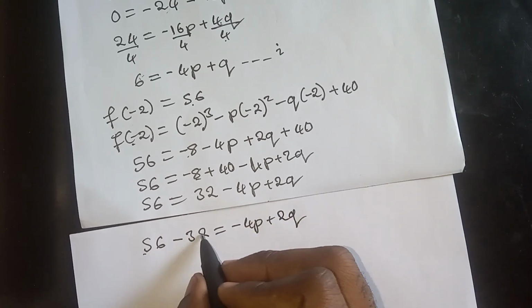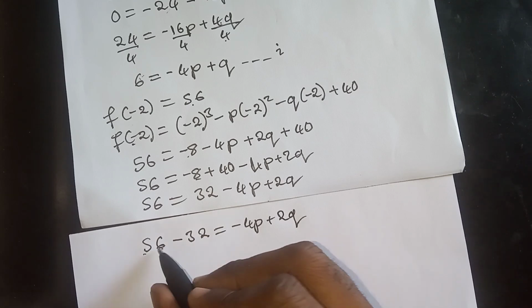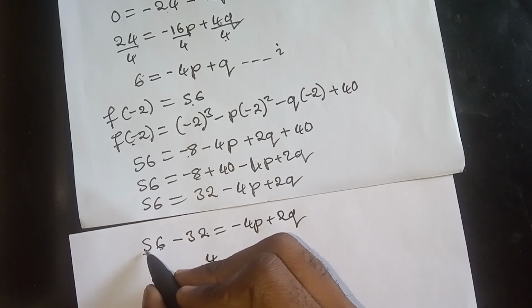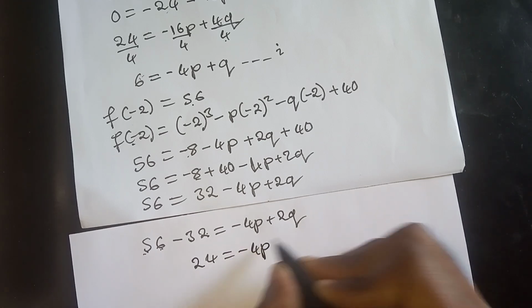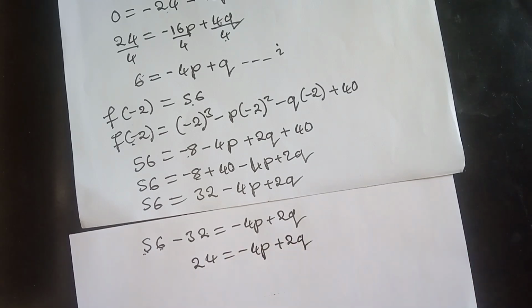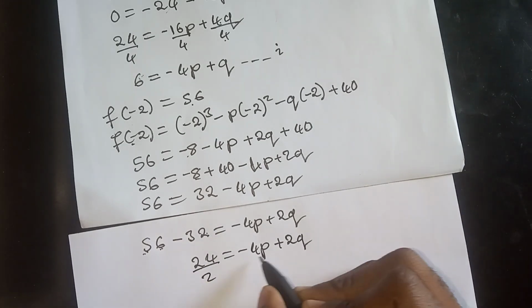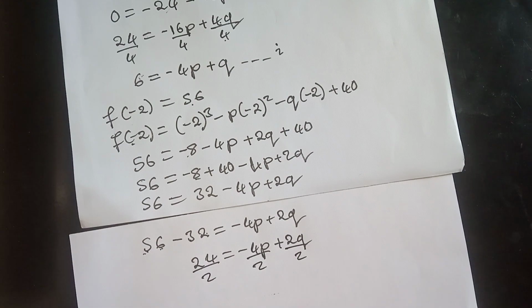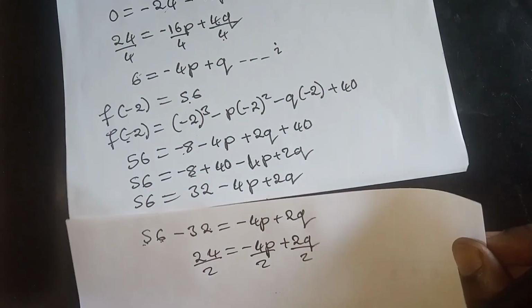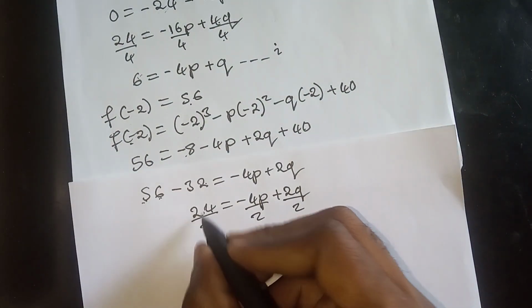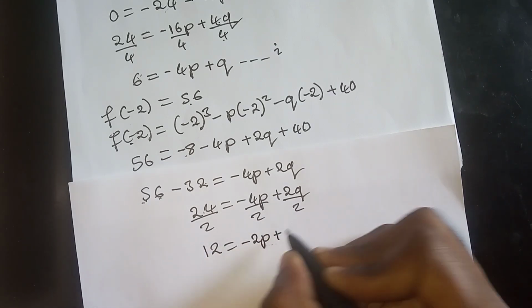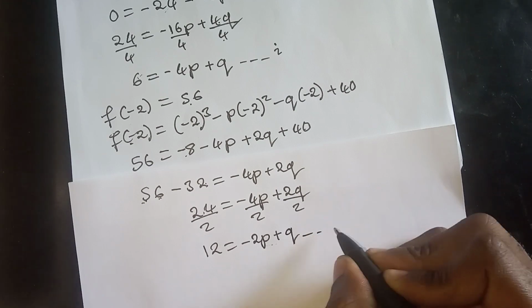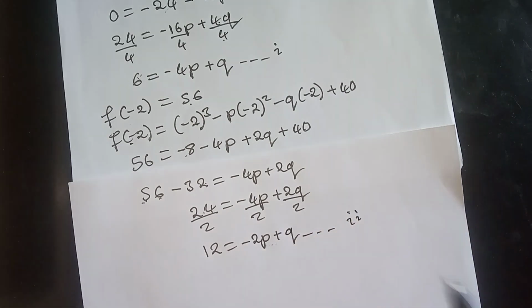And then this minus this, you can say 6 minus 2 is 4, 5 minus 3 is 2, so we have a 24, equal to negative 4p plus 2q. So I can simplify this one by dividing through by 2, just to make it easier. So this one there is 12, this one here is negative 2p plus q. So this one will be our equation 2.